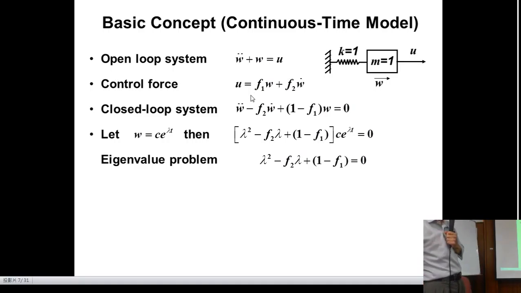If I give you U equal to F1 W plus F2 W dot, I substitute this U into the open loop and move W and W dot on the right-hand side to the left-hand side, and this I call the closed-loop system. Any questions? The open-loop system here and the closed-loop system here have different eigenvalues.